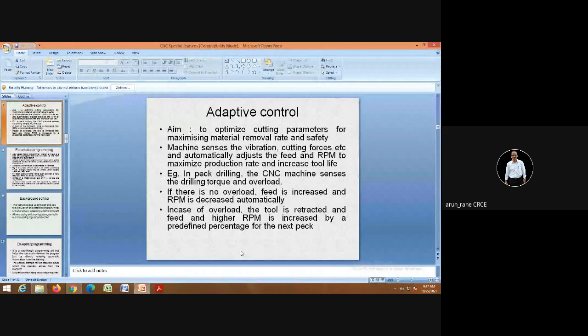There is another special feature which is called adaptive control.